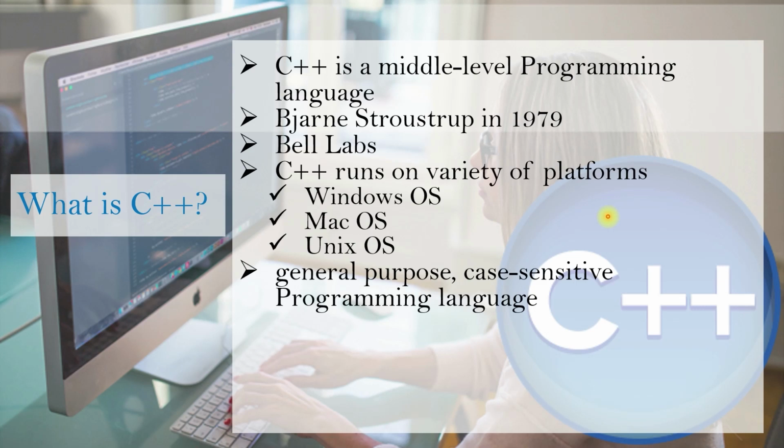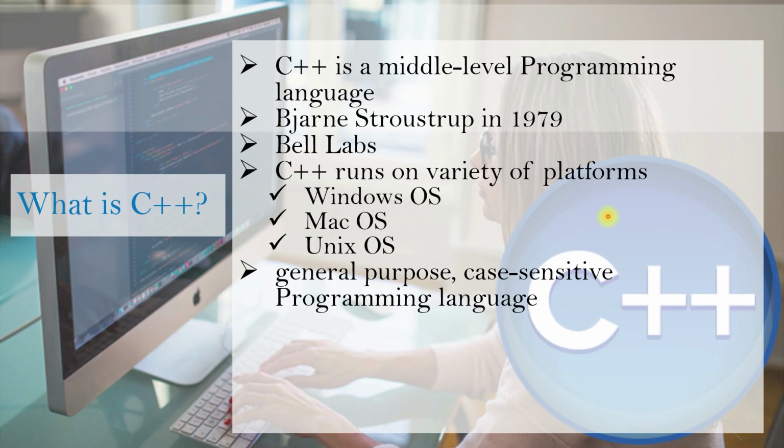What does general purpose mean? Look, according to the purpose, once again, all programming languages are divided into two parts. The first one is general purpose, the second one is special purpose. General purpose programming languages are those whose domain of usage is wider.